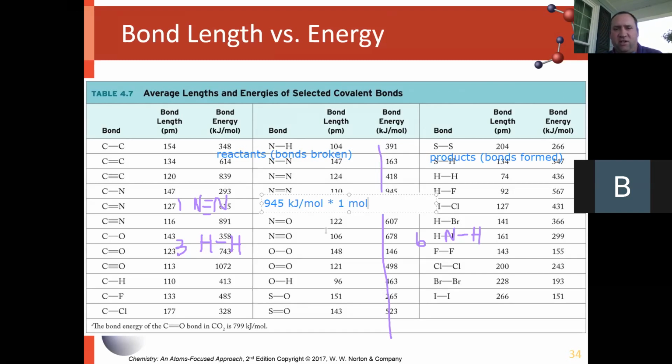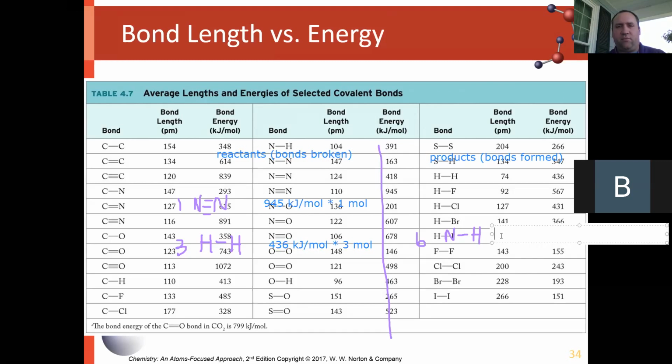Hydrogen to hydrogen single bond, 436 kilojoules per mole, and I have 3 moles of that because I have 3 of those bonds. And then finally, nitrogen to hydrogen single bond, 391 kilojoules per mole times 6 moles.